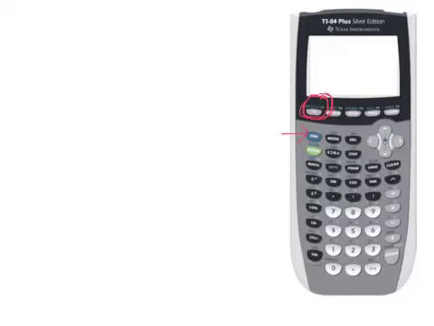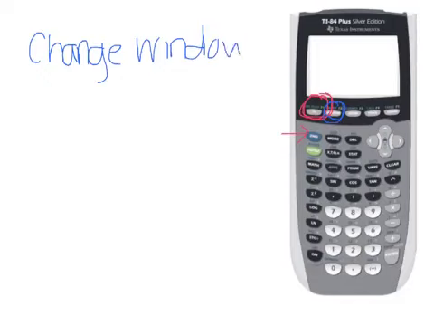The next thing we need to do before we graph our scatter plot is to change our window, which is right here next to Y equals. And if we change our window, we need to let X represent the number of days.